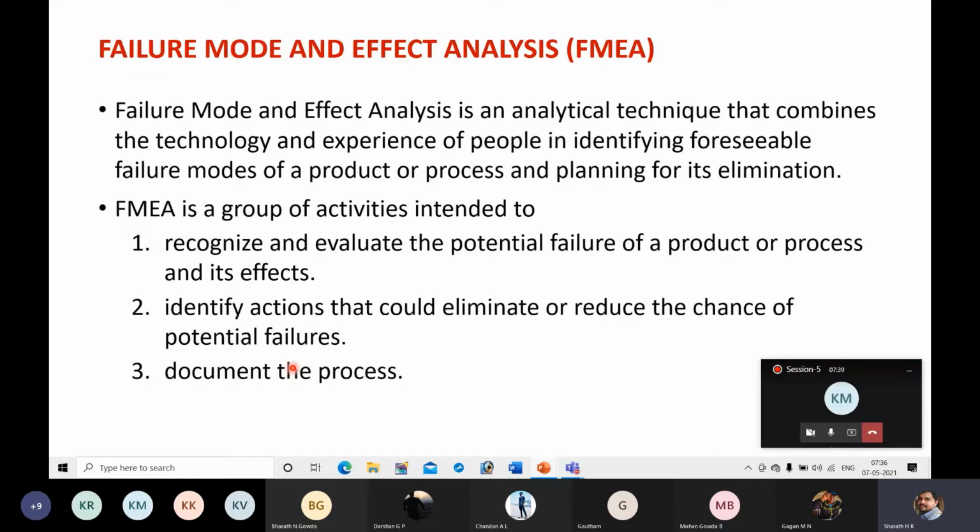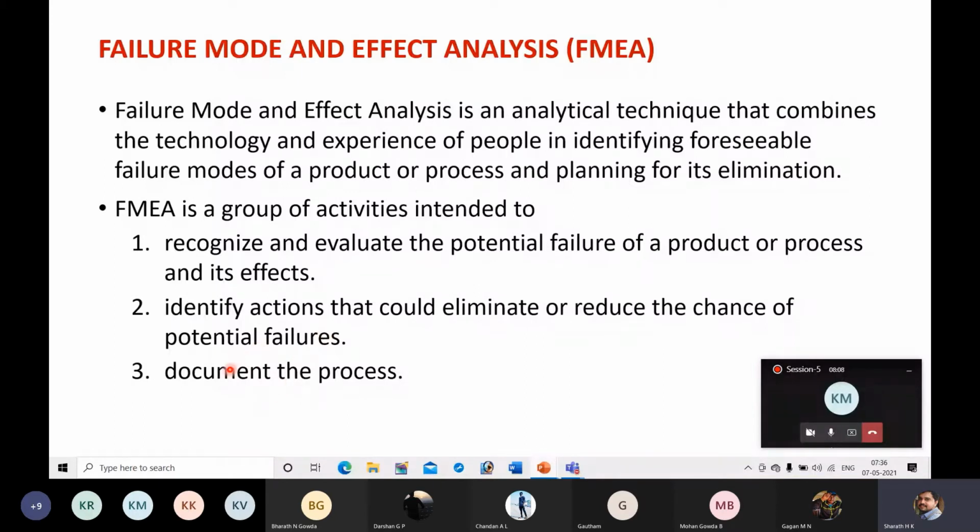Next, document the process, because this FMEA is based on the experience of people. So documentation is very important. Suppose experienced people who are working in the company are able to identify potential causes of a failure and how they can overcome that. If that is documented, next time if the same mode of failure occurs, you can refer to that detail.